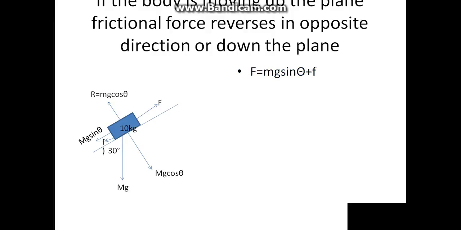Now, the limiting frictional force is equal to mg sin theta plus the resisting force. That is mg sin theta plus mu, the coefficient of friction, times mass times gravity cos theta, which is equal to 49 plus 42.4, giving us 91.4 Newton.